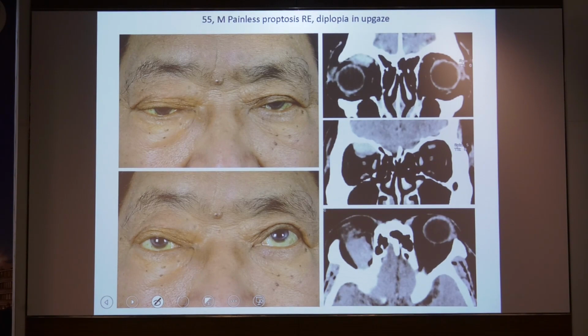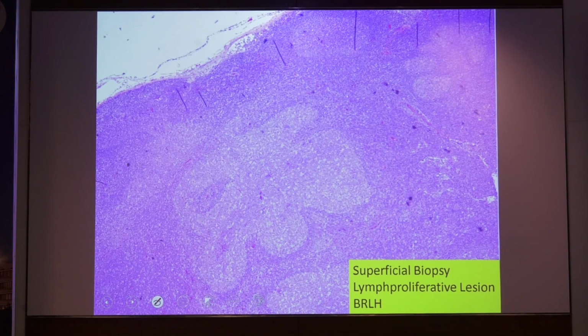Now this is a patient with painless proptosis of the right eye, and diplopia in upgaze. You can see that his superior rectus LPS complex is thickened. Here the superficial biopsy showed a lymphoproliferative lesion, and it was interpreted as benign reactive lymphoid hyperplasia by two pathologists.